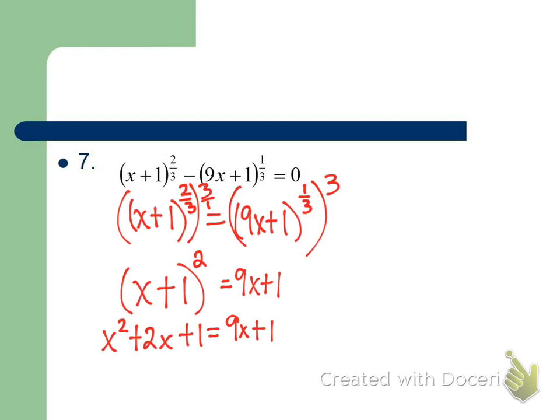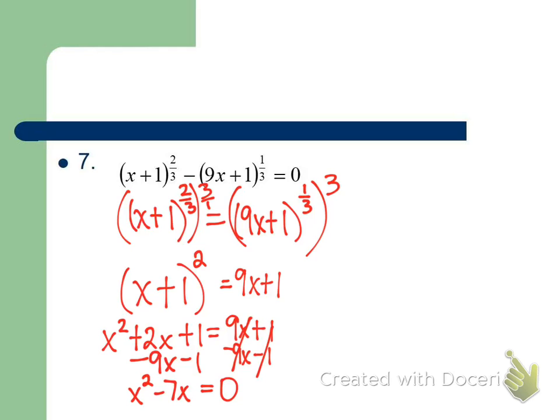We have a quadratic, which means we need it set equal to 0. What should I do? Subtract 9x and subtract 1. Okay, that's going to leave me with what on the left side? X squared minus 7x equals 0.